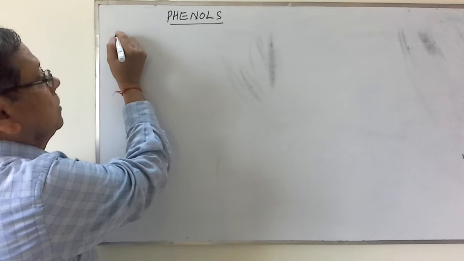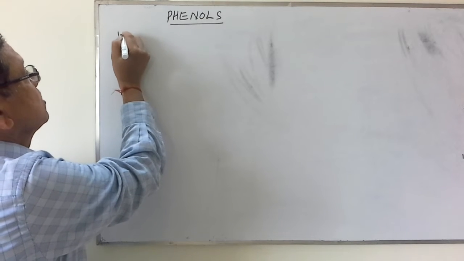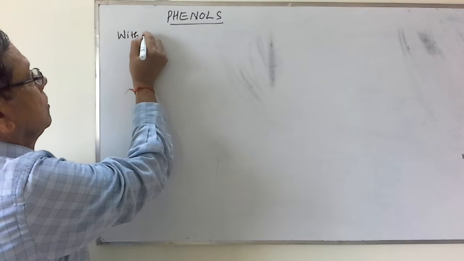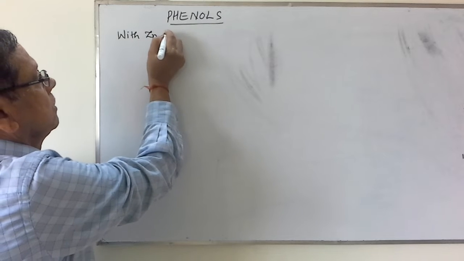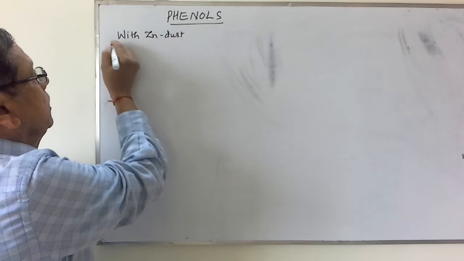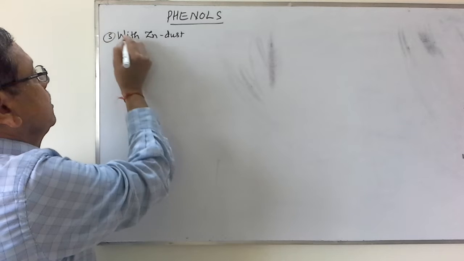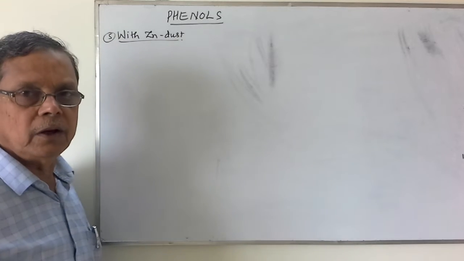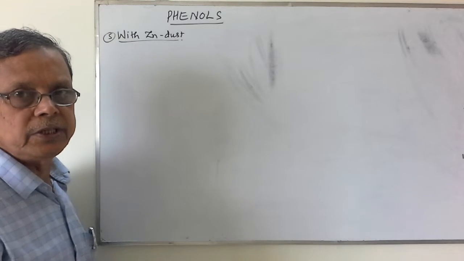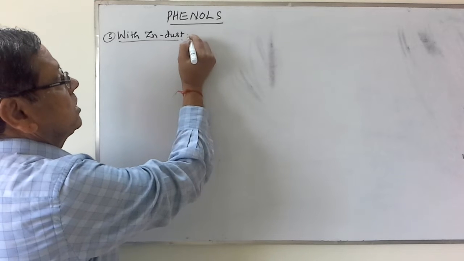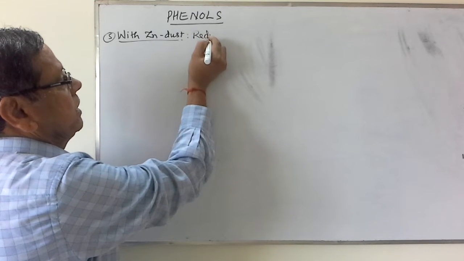Now let us continue the reaction with zinc dust. When phenol or any phenolic compound is heated with zinc dust, the reaction that is taking place will be the reduction reaction.